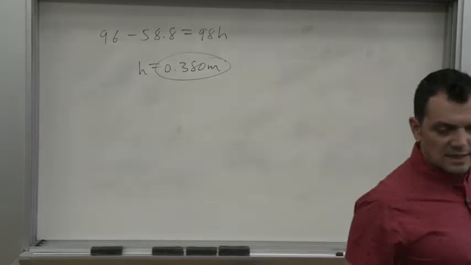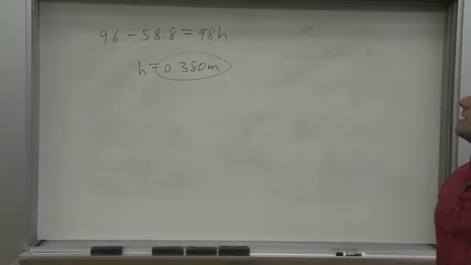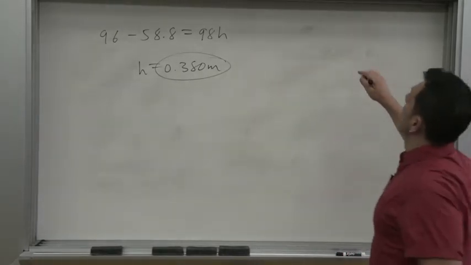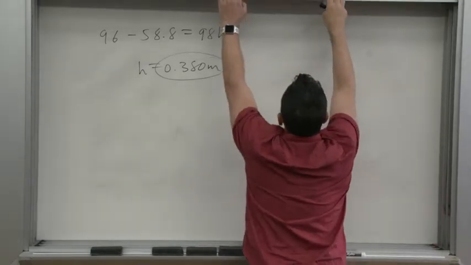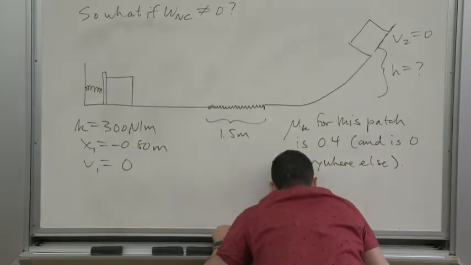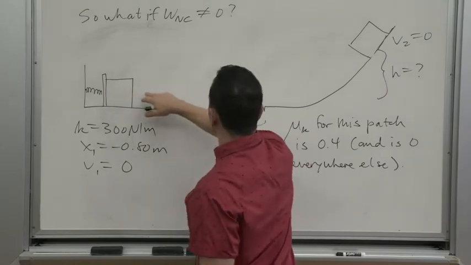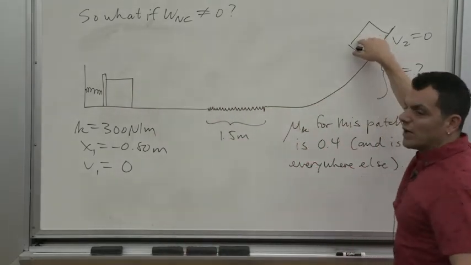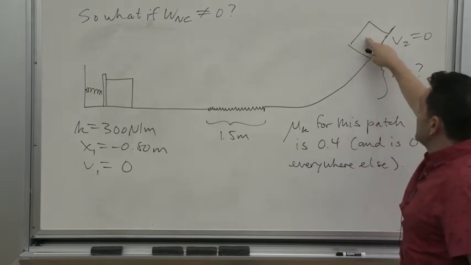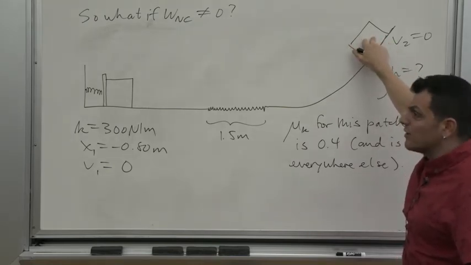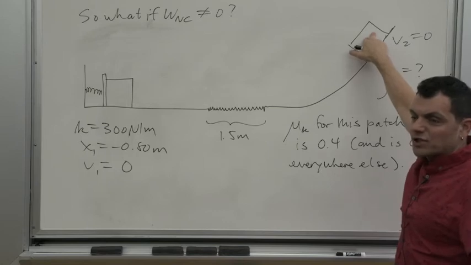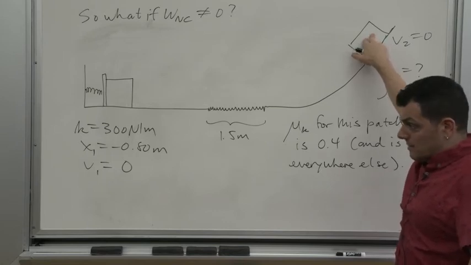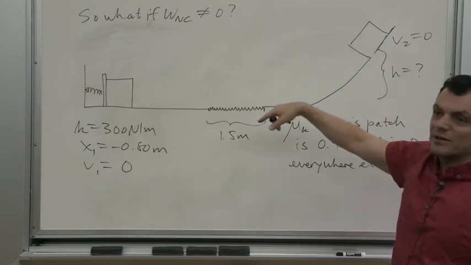Now, in the previous example, when we didn't have friction, this thing was released, it slid across a frictionless surface, went up to a height of 0.98 meters, and then what happened? It just stayed there? No, you can't have a mass on a frictionless incline just stay there. Gravity is going to pull it back down again.